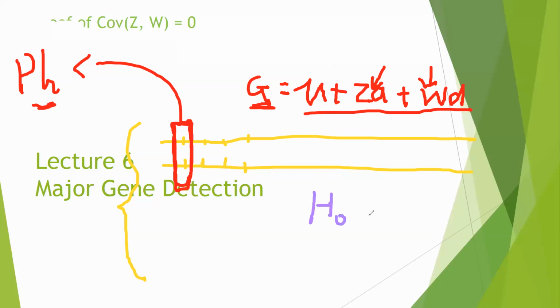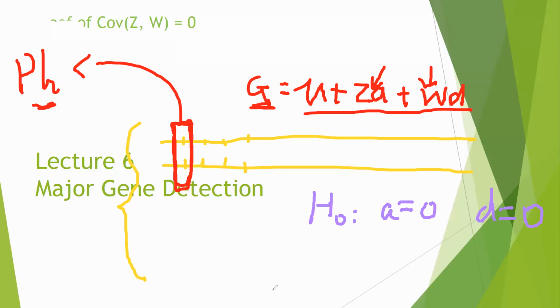the null hypothesis, right? The null hypothesis means this is a neutral locus. It is not responsible or contributing to the variation in the observed phenotype. So the null hypothesis is always like this: the additive effect equals 0 at this locus, or the dominance effect equals 0 at this locus.